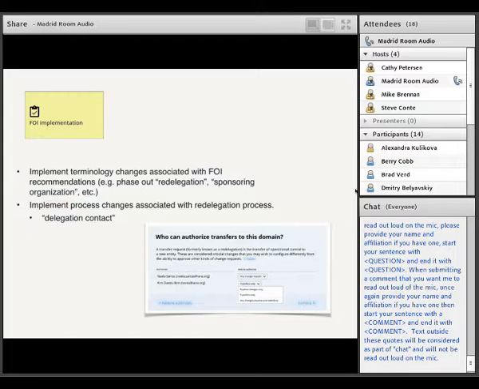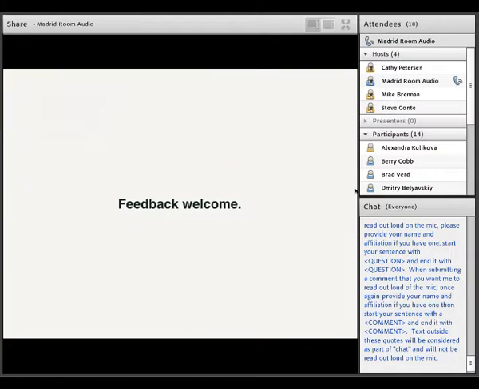And we're now in the process of implementing that, and a lot of that includes phasing out terms like redelegation and sponsoring organization, and doing some other kinds of changes. They call something a delegation contact, basically a designated person whose only role is to approve redelegations. So we're working through business process changes to accommodate those FOI recommendations.